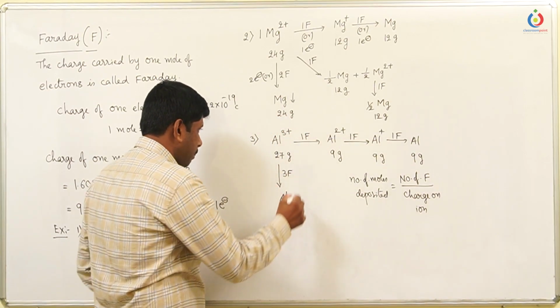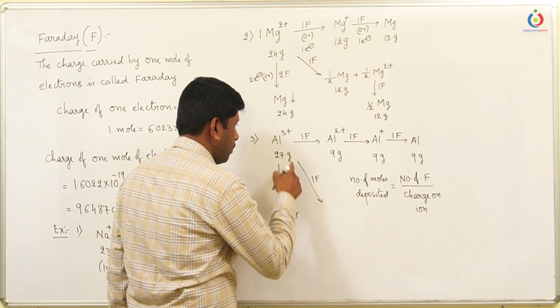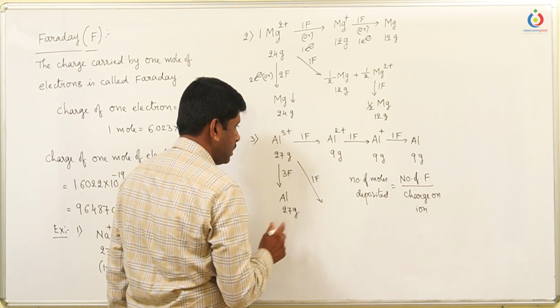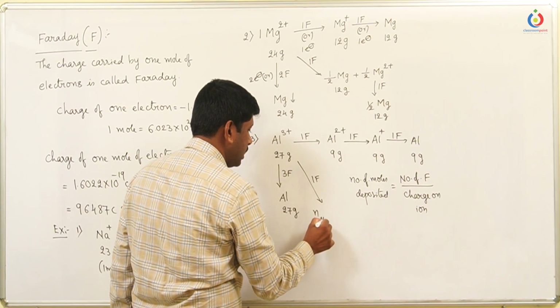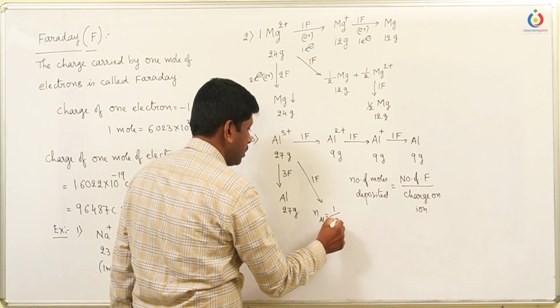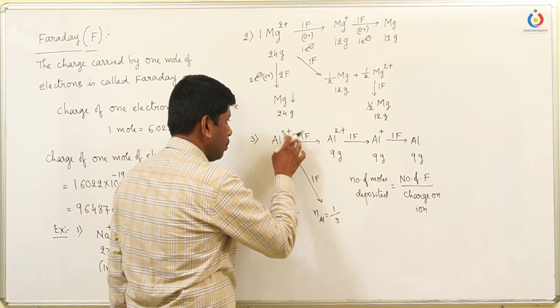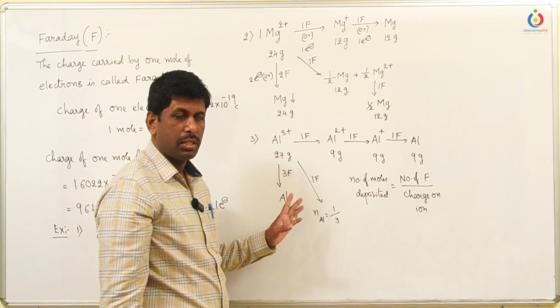That means by sending 1 Faraday of electricity, how many moles of aluminum get deposited? I am sending 1 Faraday, so the number of moles of aluminum deposited is 1 Faraday divided by the charge on the ion, that is 3. The remaining 2/3 is not getting deposited. So only 1/3 mole of the aluminum gets deposited.